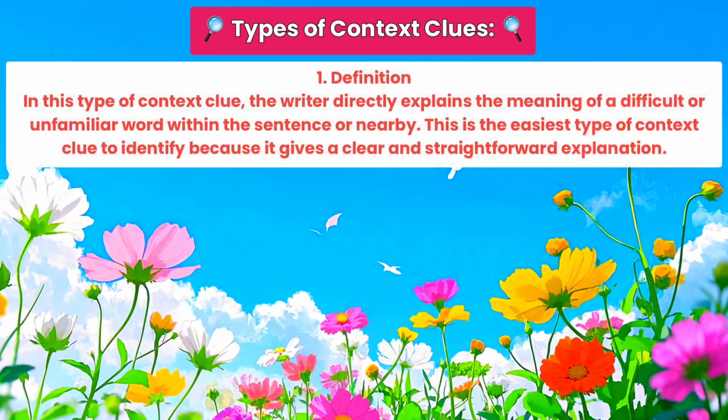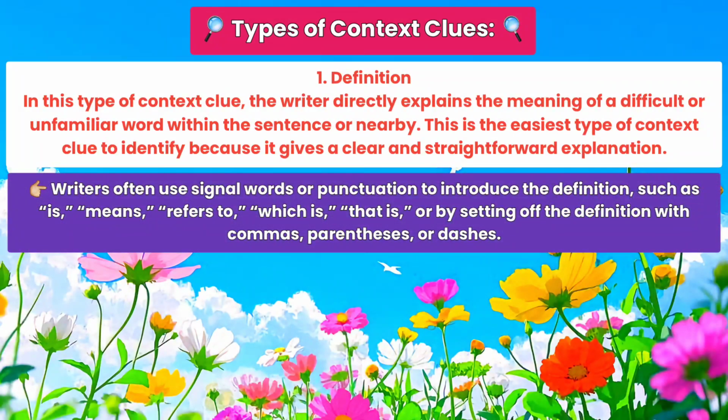Number 1. Definition. In this type of context clue, the writer directly explains the meaning of a difficult or unfamiliar word within the sentence or nearby. This is the easiest type of context clue to identify because it gives a clear and straightforward explanation.